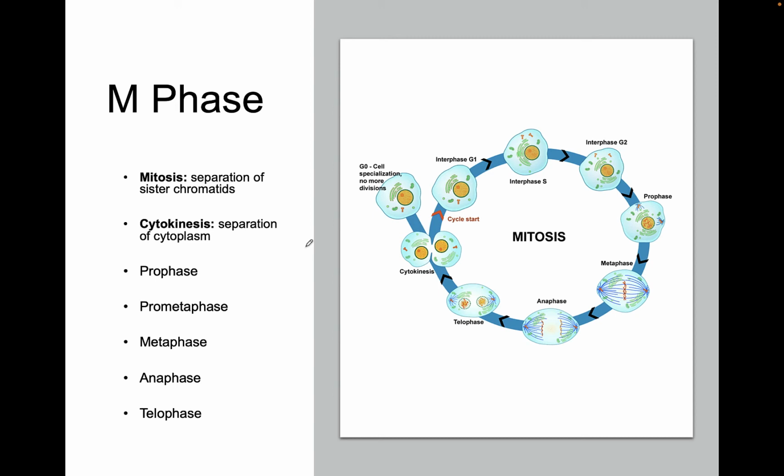Eventually, during prometaphase, the chromosome is going to become attached to the microtubule from opposite ends of the poles, which we consider each area of the cell a different pole. And the microtubules from one of the centromeres are going to connect to the connector cores that are bound to the centromeres that we previously talked about.